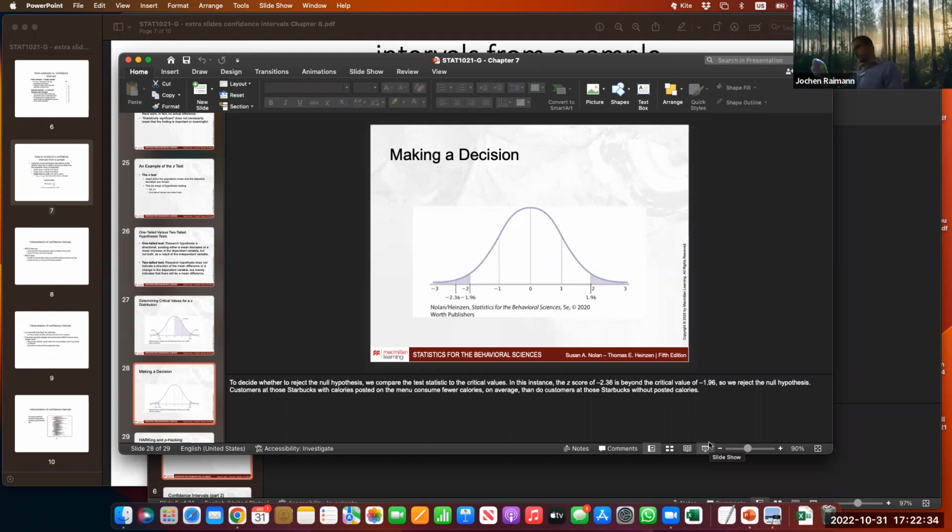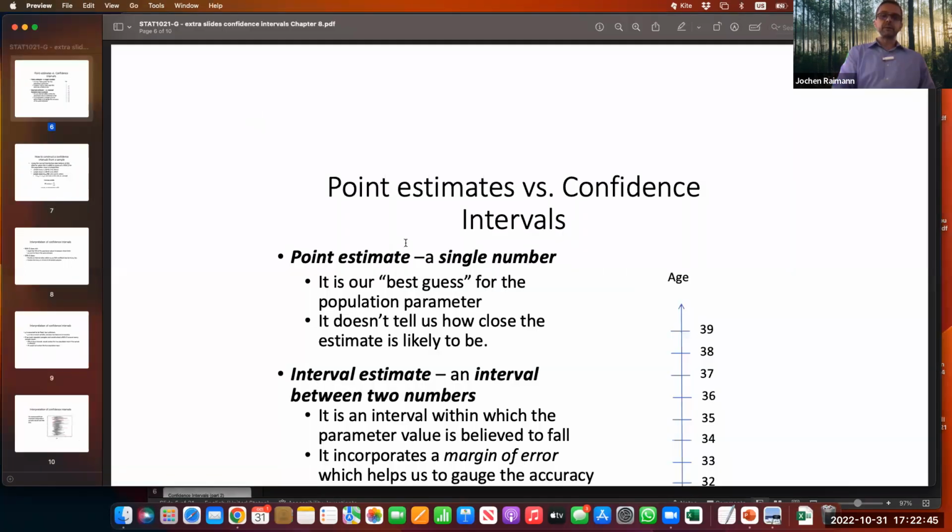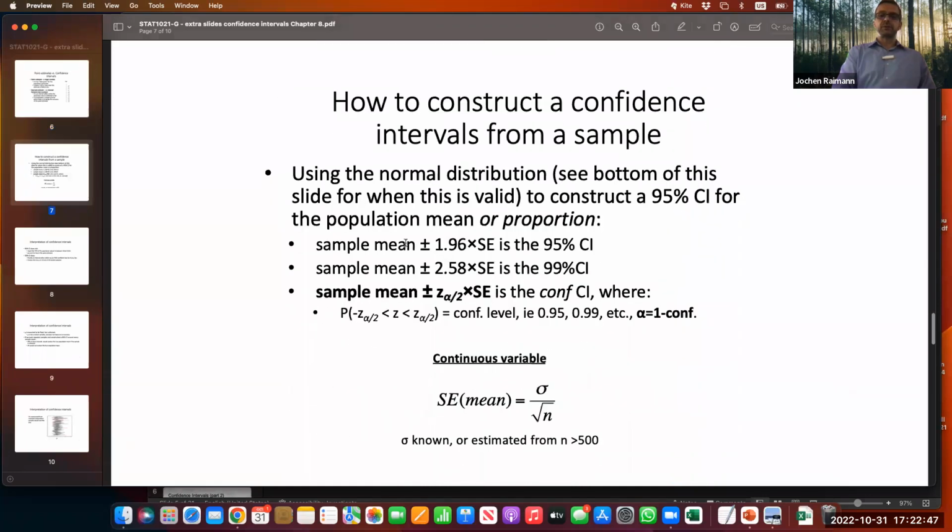And if you go for minus 1.96, it will be 2.5%. If you go to 2.58, it will be 0.05.